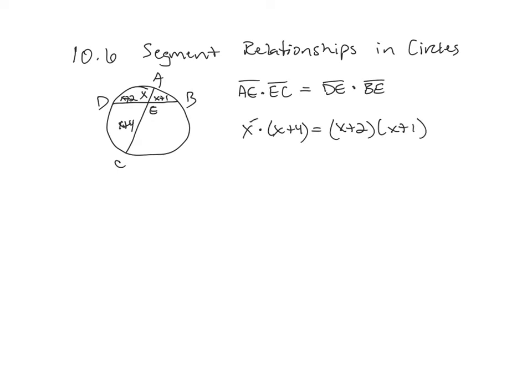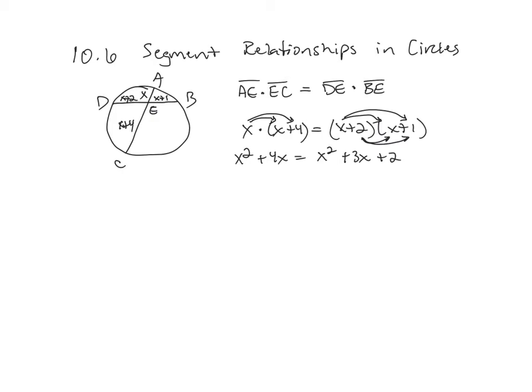Here we're going to have a bit more algebra in some of these problems, especially this side. I have 1x when I do that, and 2x when I do that, so I have 3x altogether. And 2 times 1 is 2.